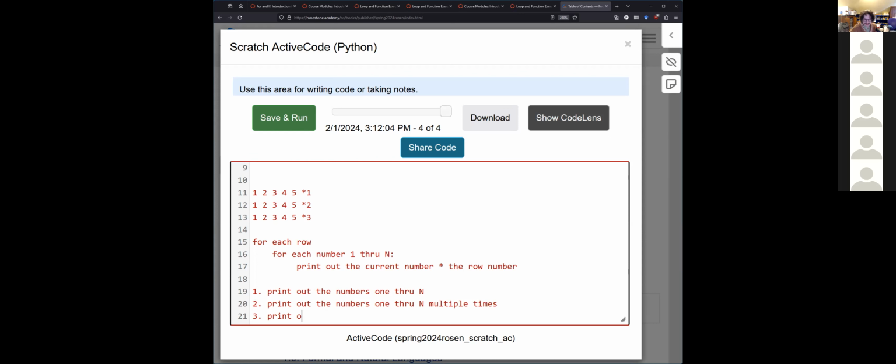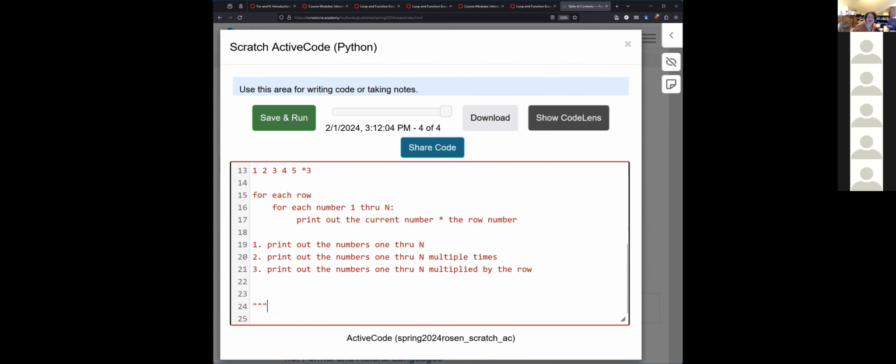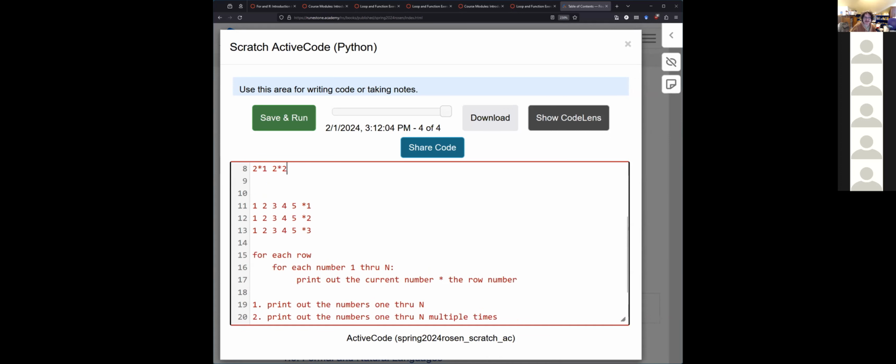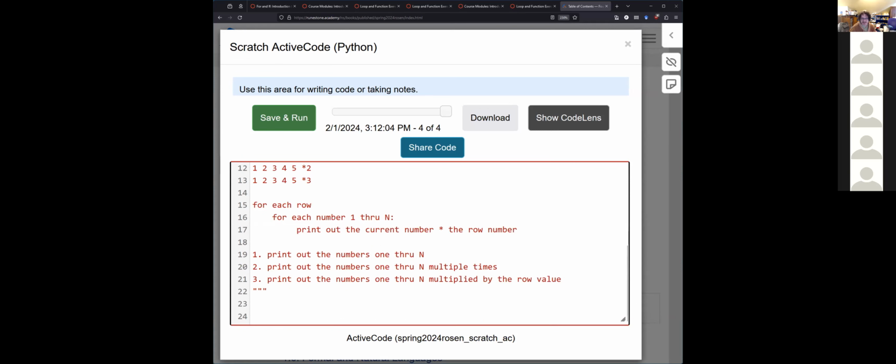Step 3, print out the numbers 1 through n multiplied by the row value, let's call it value. There we go. So that's how you solve that one.